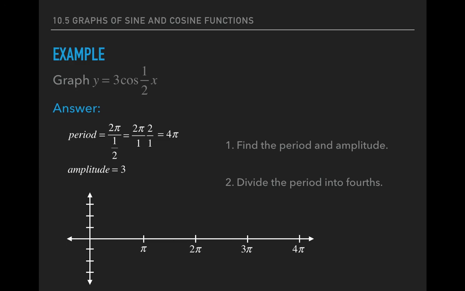Now, cosine starts at the high point, and it's supposed to look kind of like a cup shape. So it starts at the high point, which in this case is 3, because our amplitude is 3. You can think of amplitude like how loud your wave is: a larger number is going to be higher. Then it goes to 0, to your low point at 2 pi, back to 0, and again up to your maximum.